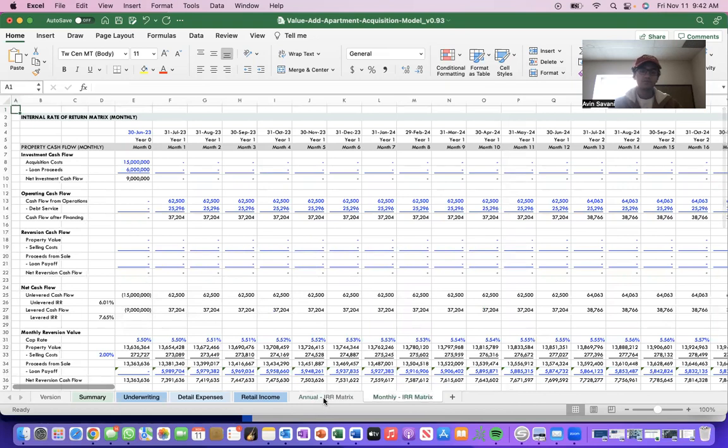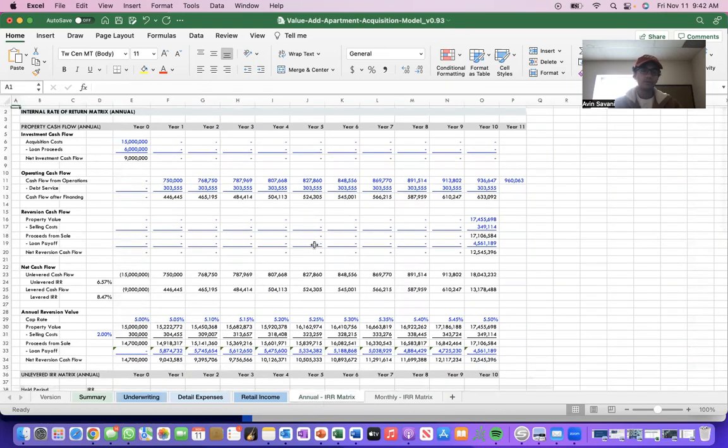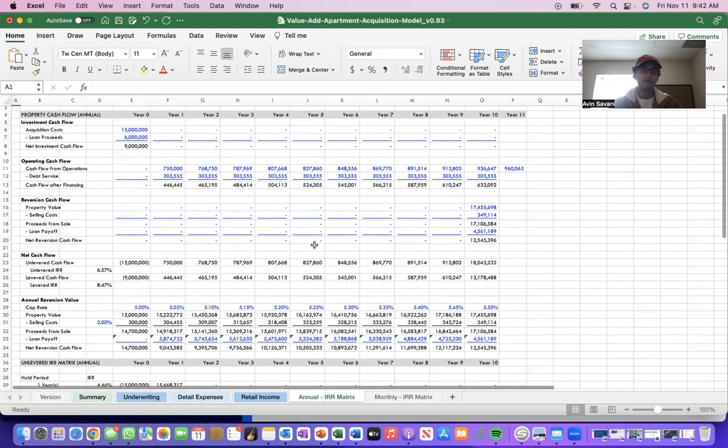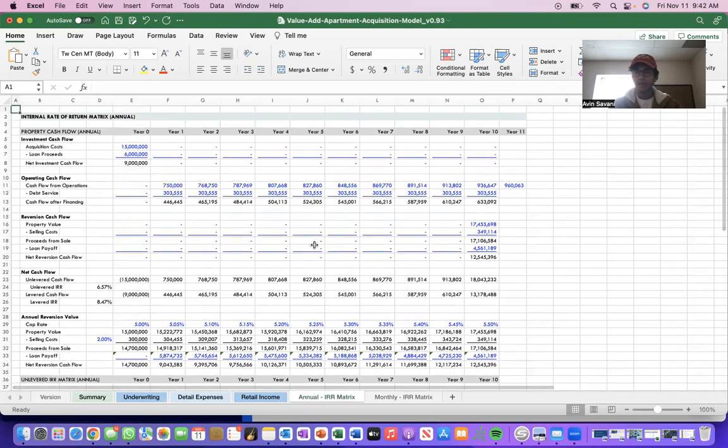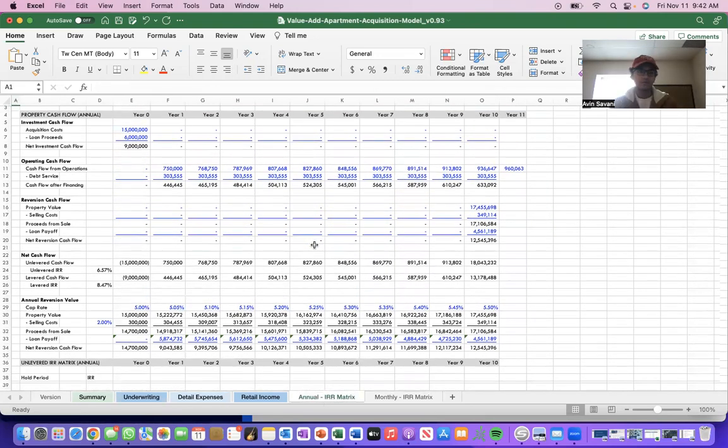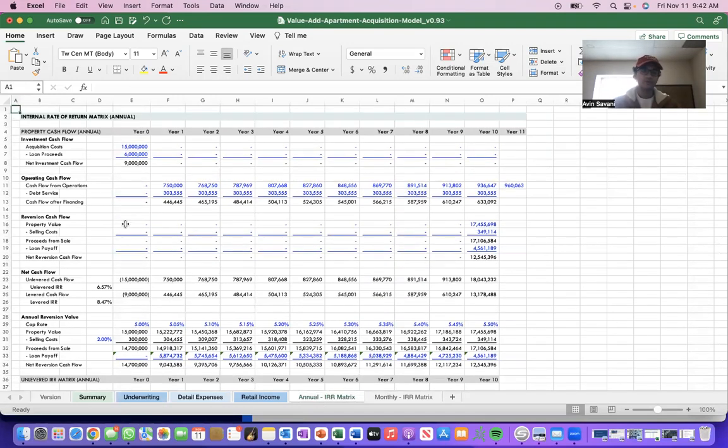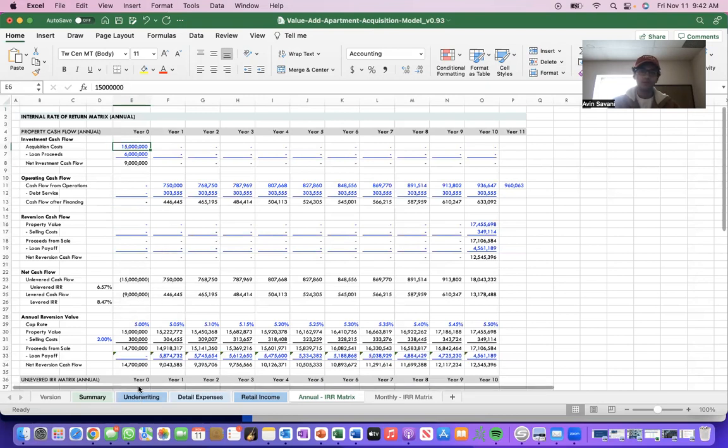So basically, you're going to have your cash flows all laid out in this tab, like your investment cash flows, operating cash flows, reversion cash flows, and you can make this in line with what you have in your underwriting.